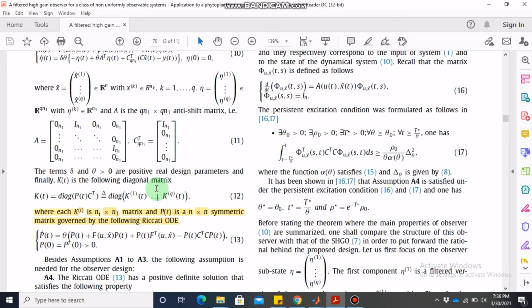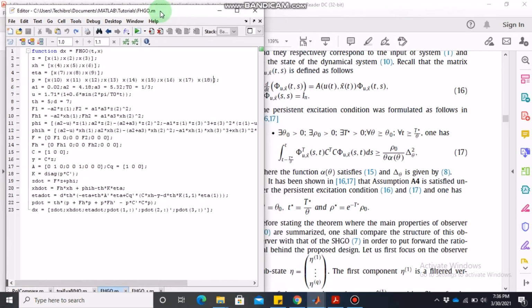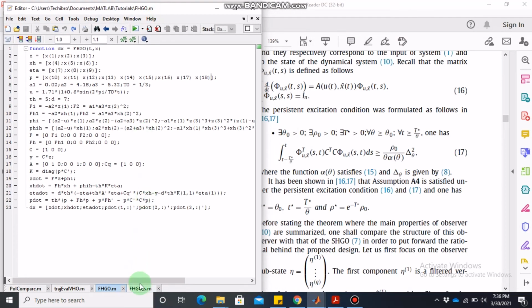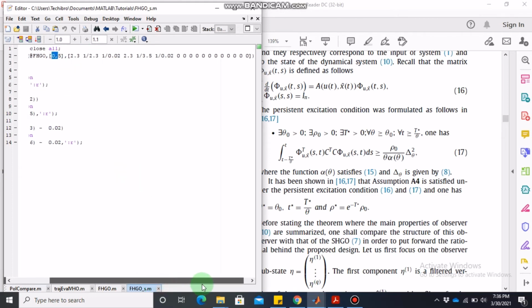And now we have to run this code. I've already written the script file. This is the script file, where this is the ODE45 command, which calls the function that we just discussed, and I run it for 5 days because the unit of time in this example is days.